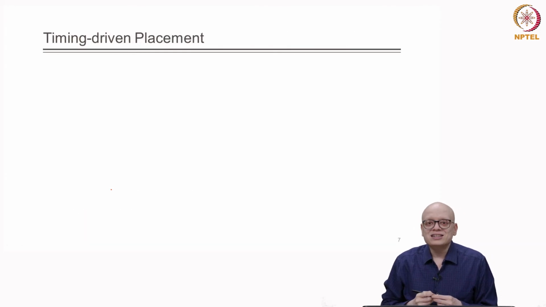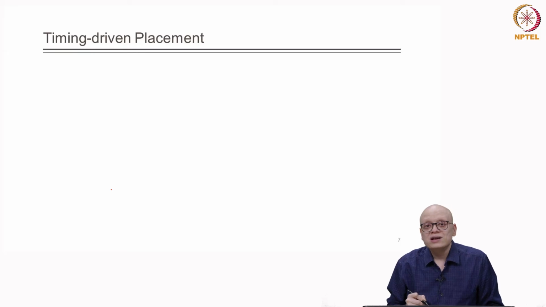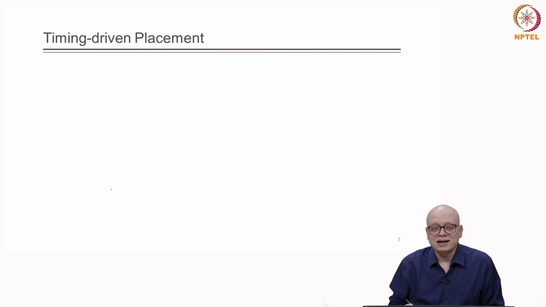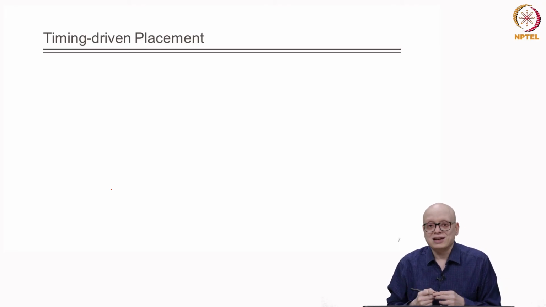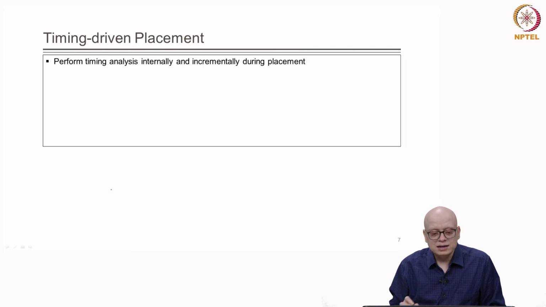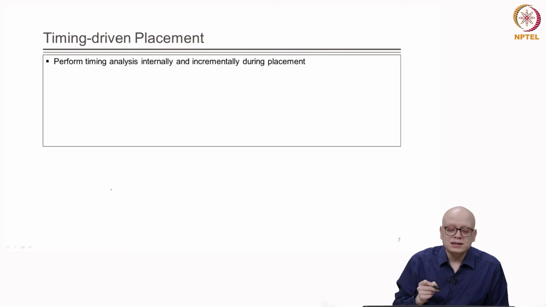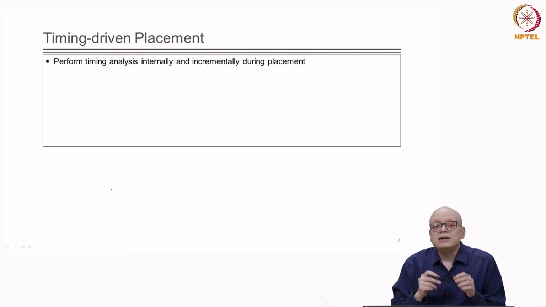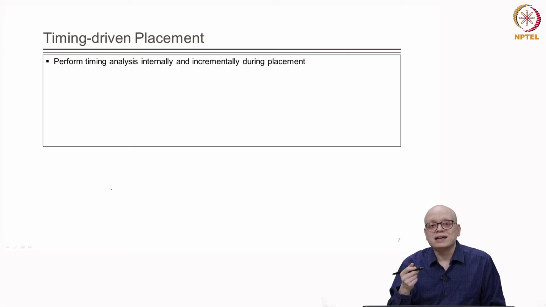Now, we have discussed that the placement tries to minimize the total wire length of our design. But for high performance designs and for industrial designs, timing driven placement is also often used. In timing driven placement, the placement tool internally has a timer, basically the tool that does static timing analysis.